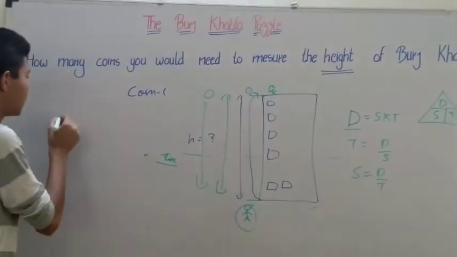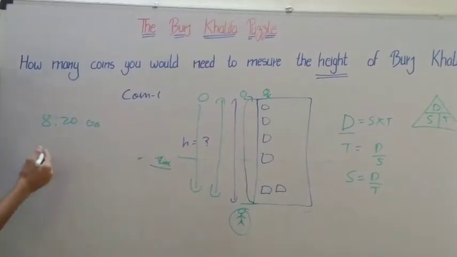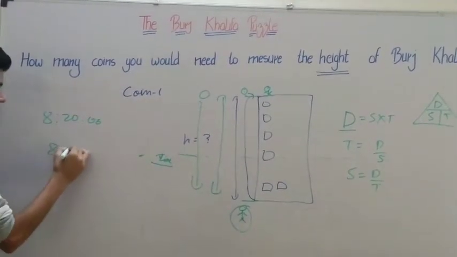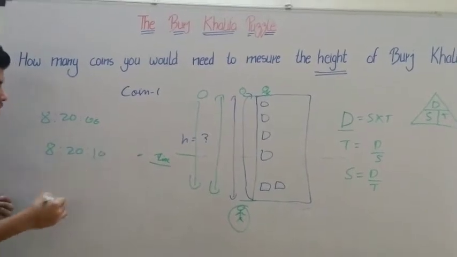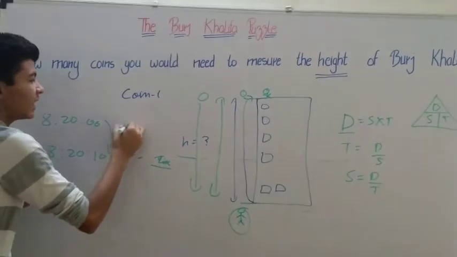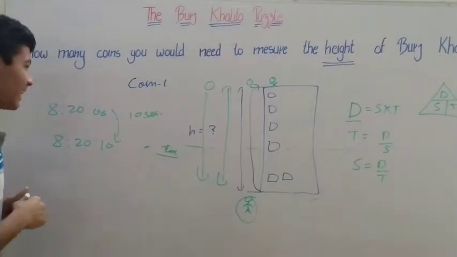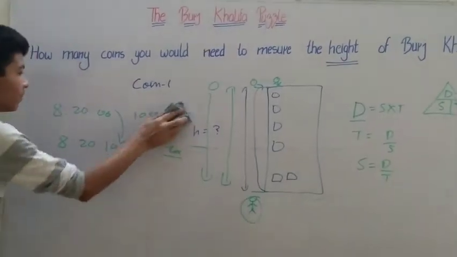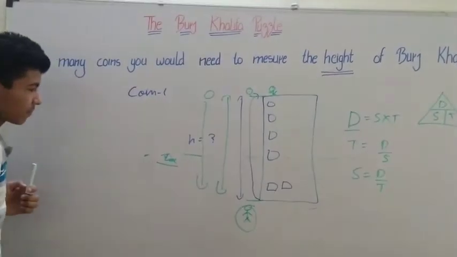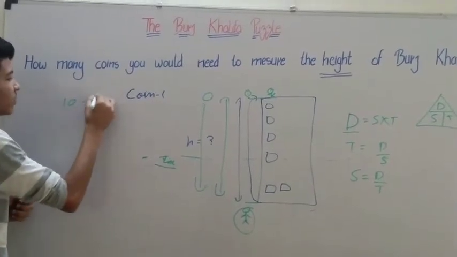Let's say the throwing time is 8:20 and 00 seconds, and the reaching time is 8:20 and 10 seconds. So the difference is 10 seconds. Now we have got the time.